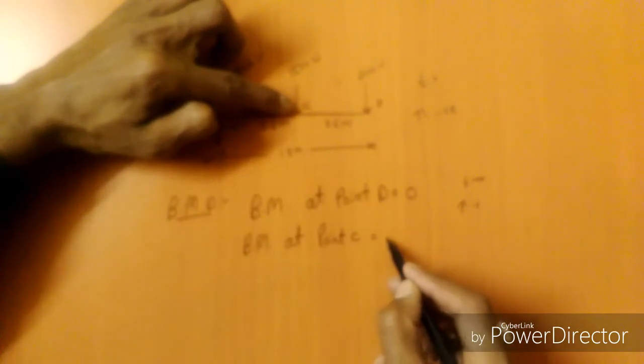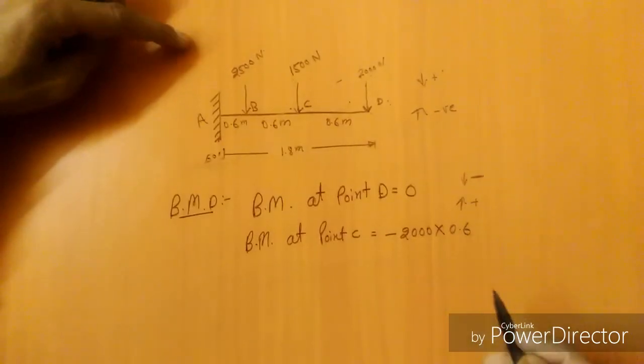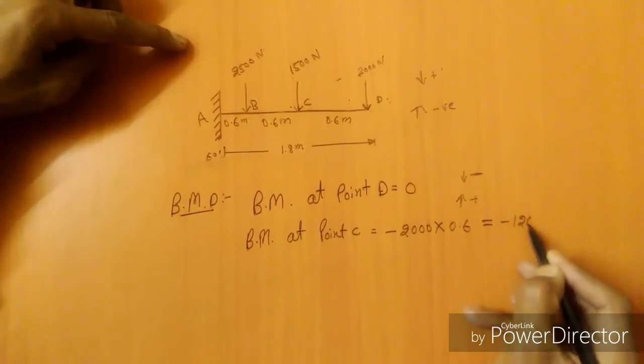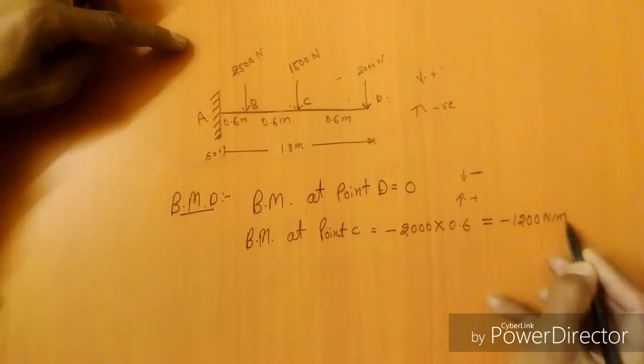Okay, minus 2000 into perpendicular distance, this distance is 0.6 meter. Clear? That is minus 1200 Newton meter.